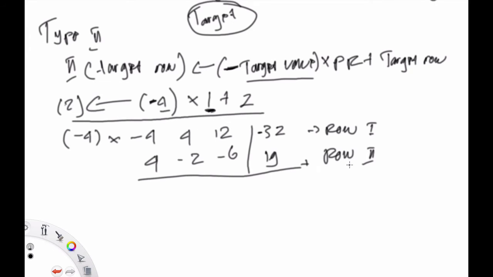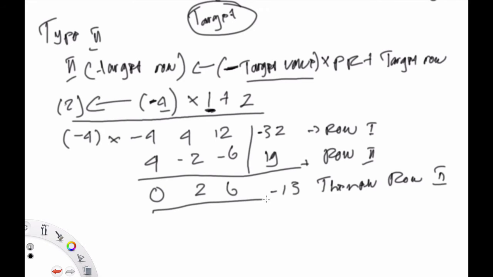We have the new row 2: 0, 2, 6, and -13. Okay, the resulting row is now substituted in place of the old row. So we have the new second row.